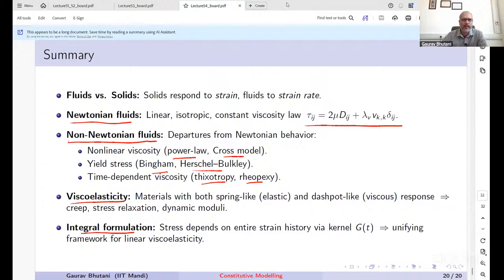And then next we moved on to plasticity. Again, plasticity usually is a complete course in itself.